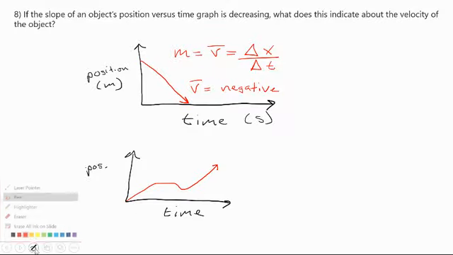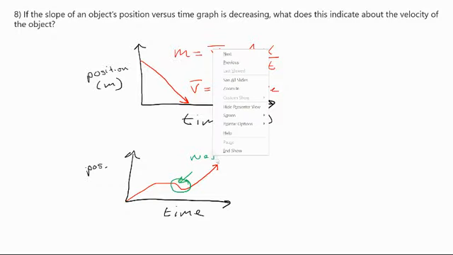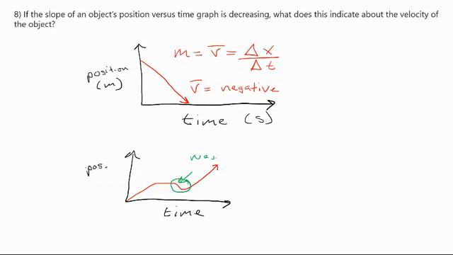And so if we hone in on something like this, that's where I have a negative velocity. But over here, I had a positive velocity. So what caused my positive velocity to become negative?